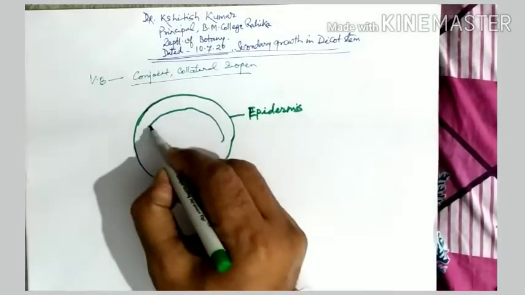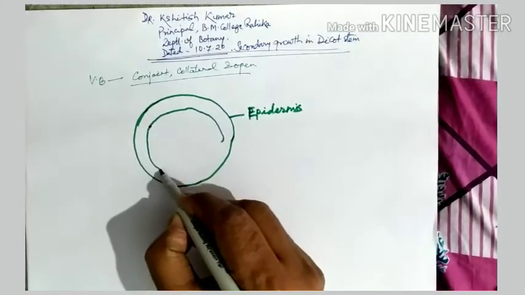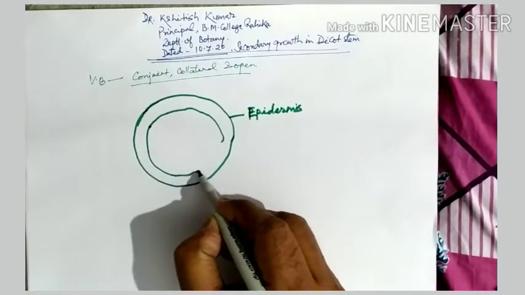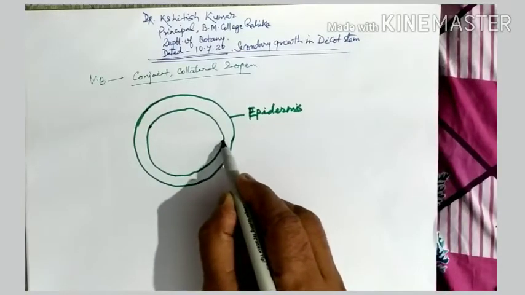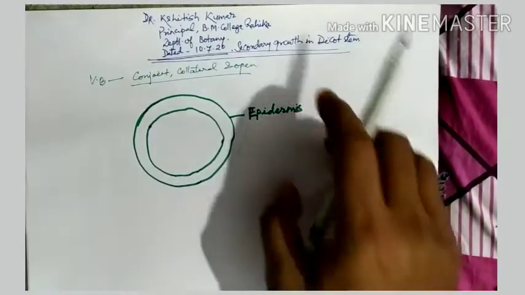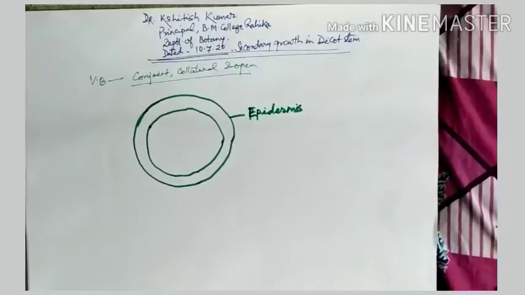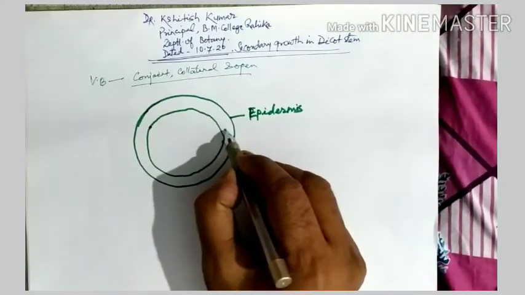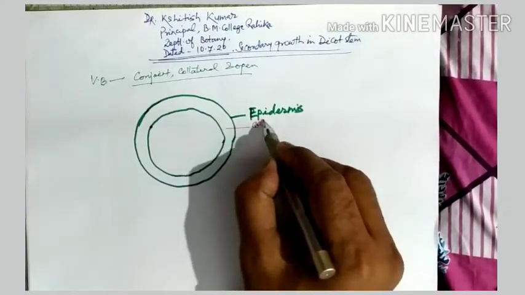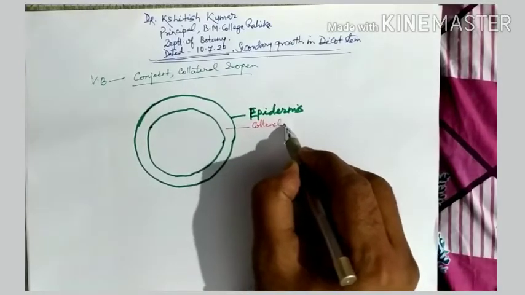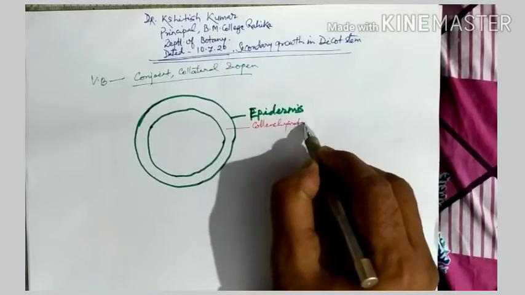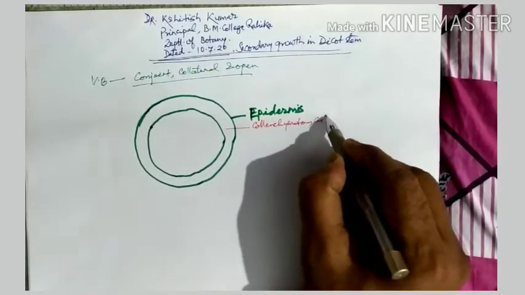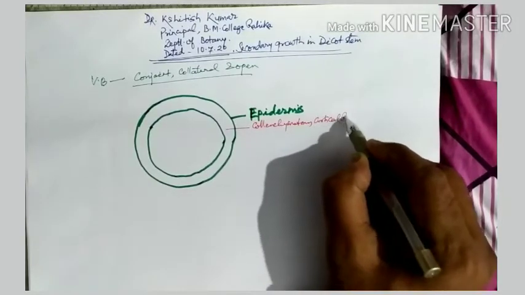Here below the epidermis, this is the collenchymatous cortex.